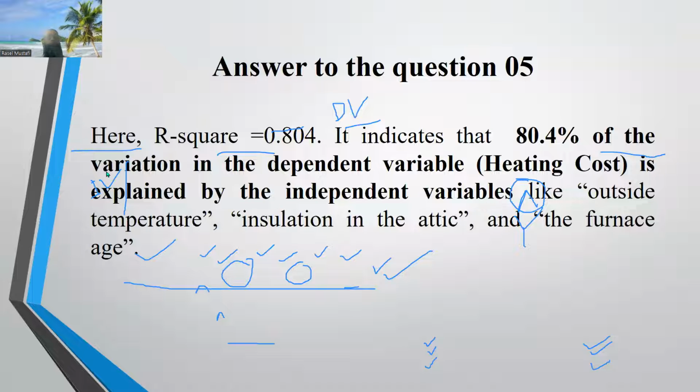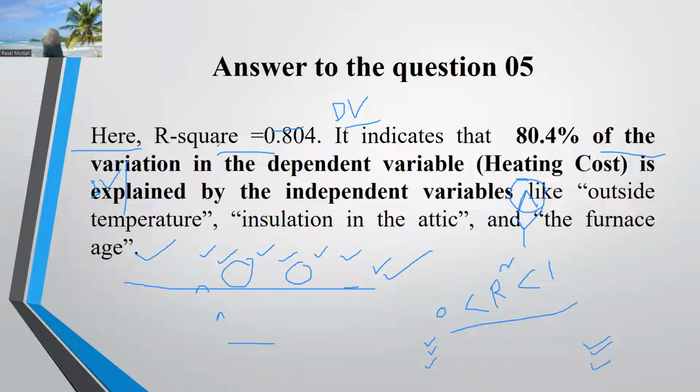And then question number 5. How will you comment on the R square? Here the R square value is 0.804. My dear students, you should understand the coefficient of determination. The range of the coefficient of determination is 0 to 1.